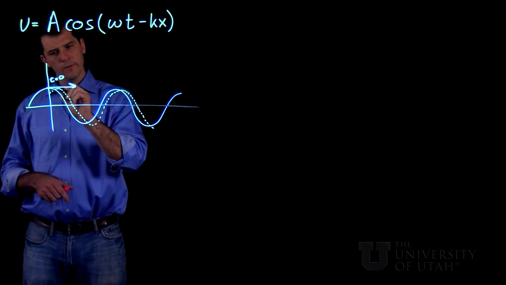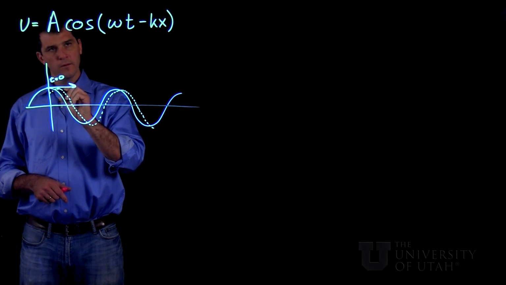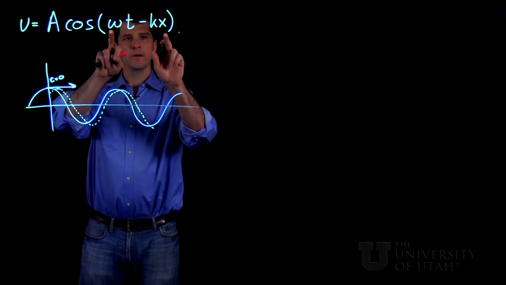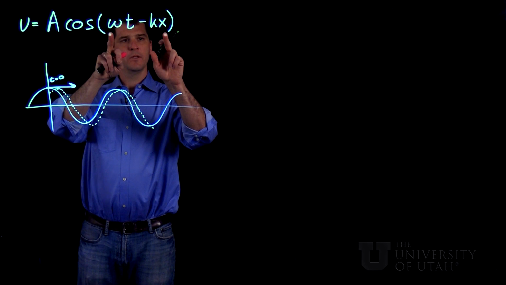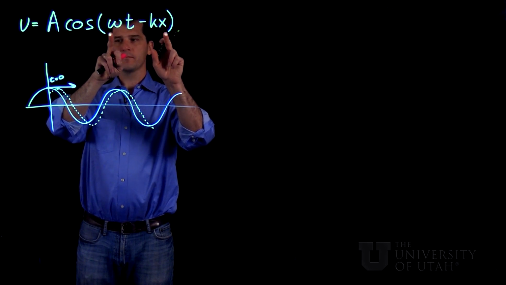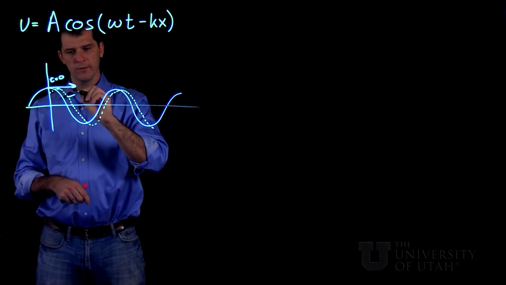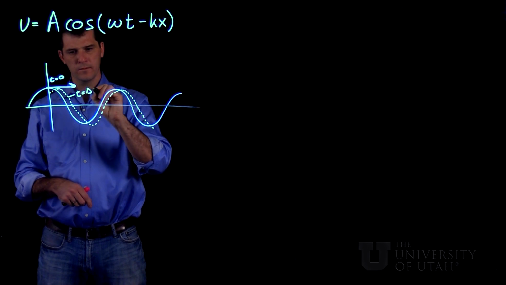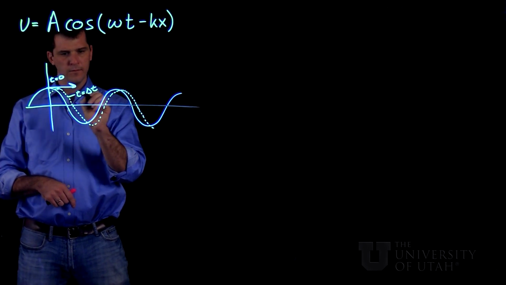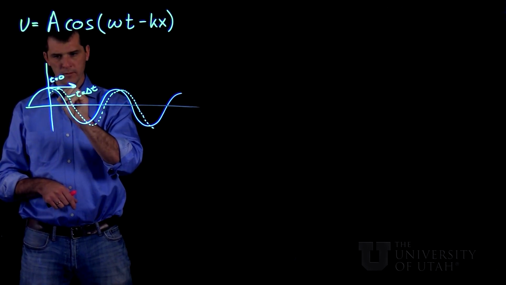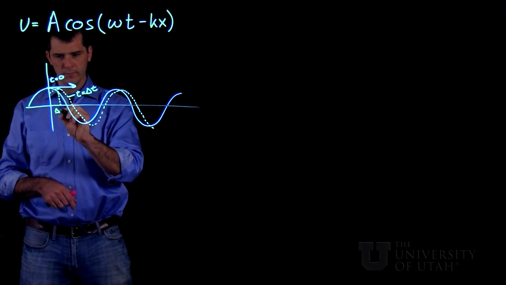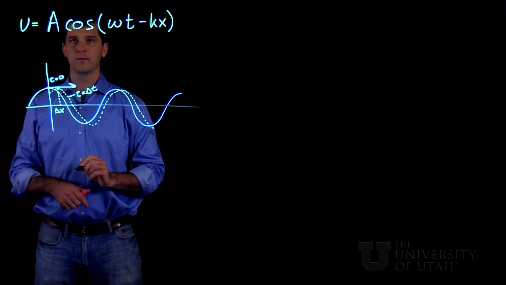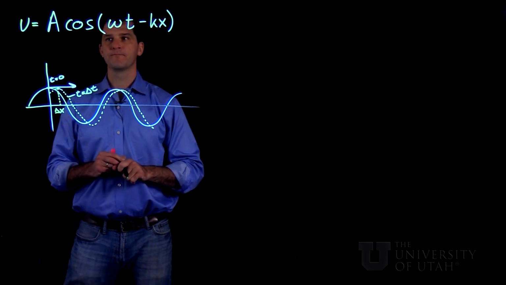And what we're going to do is look for the point here where this entire argument equals 0. And this time we're going to say is delta t, and we're going to see that this wave has moved delta x in the right-hand direction.